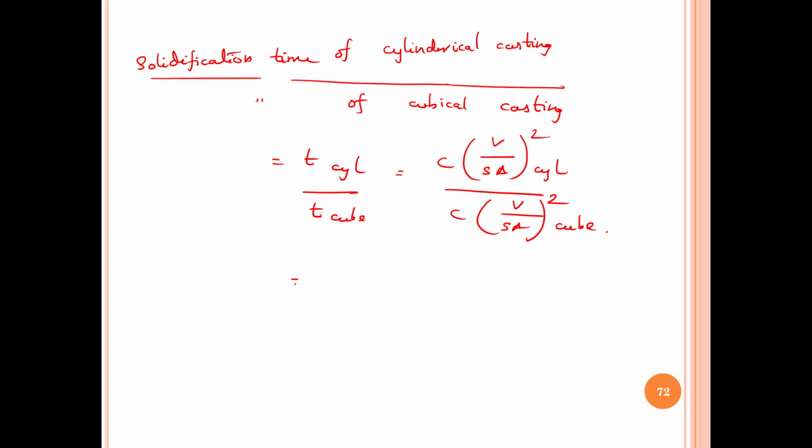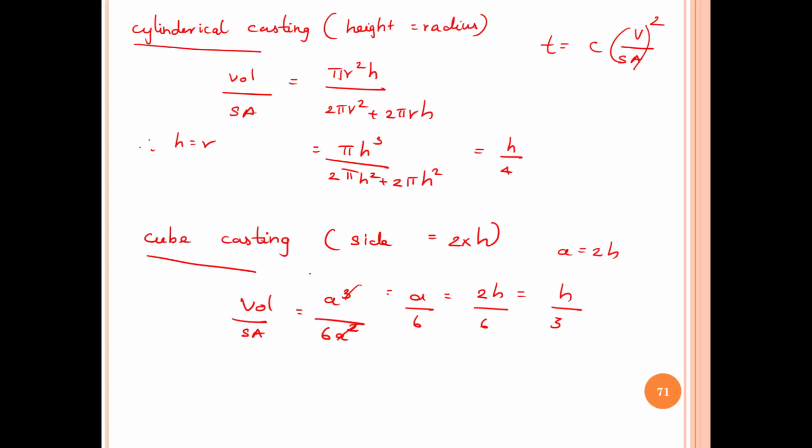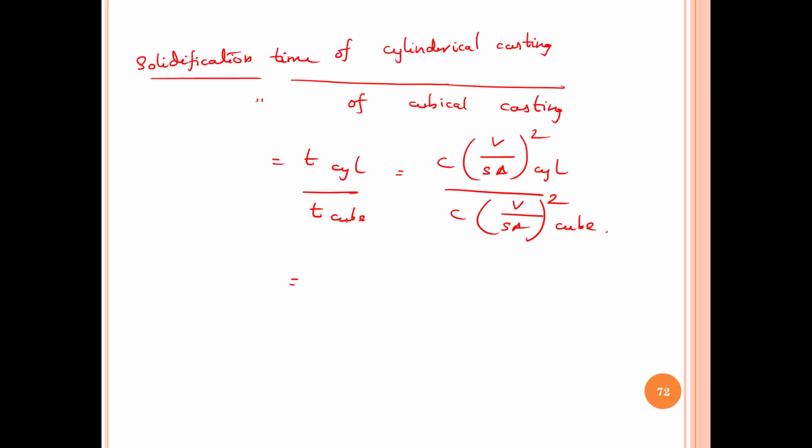Which is equal to: V by surface area of the cylinder is h by 4, and volume by surface area of the cube is h by 3. That we have to substitute: h by 4 into 3 by h, that whole square.